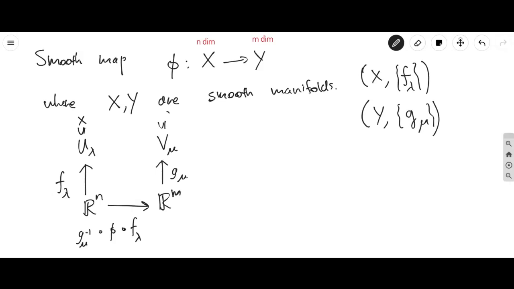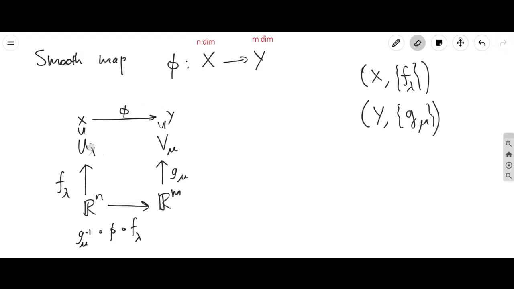And x and y are smooth manifolds, and we have a map between them, which we call phi. So we can, of course, restrict phi to this one, but it does not necessarily map it into this one. It does map it into y, but the image of it is not necessarily this one.